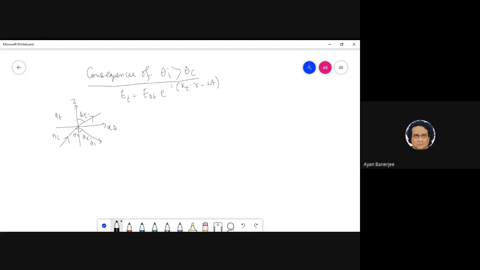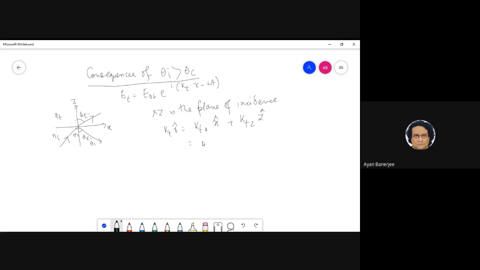This is nt, that is ni, z, that is x. Fine. So basically your xz is the plane of incidence, right? And obviously if I say kt dot r hat, that is ktx x plus ktz z.